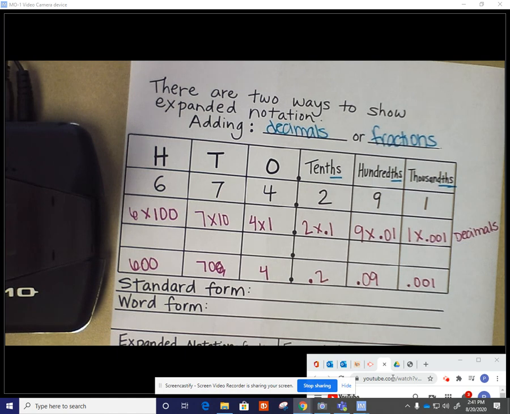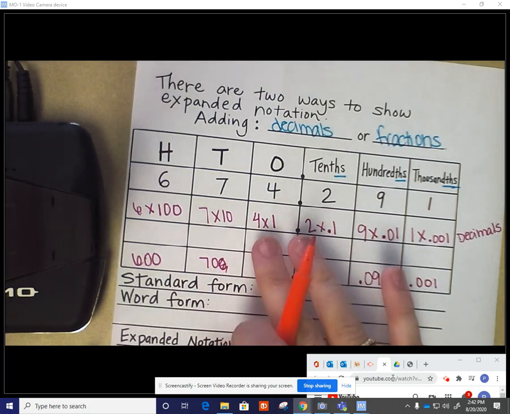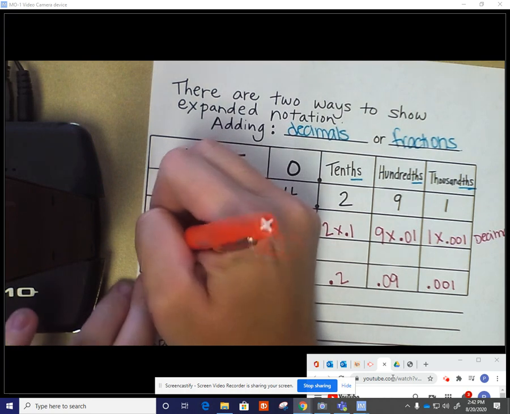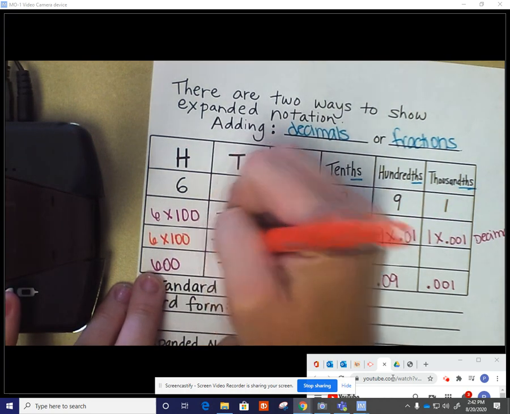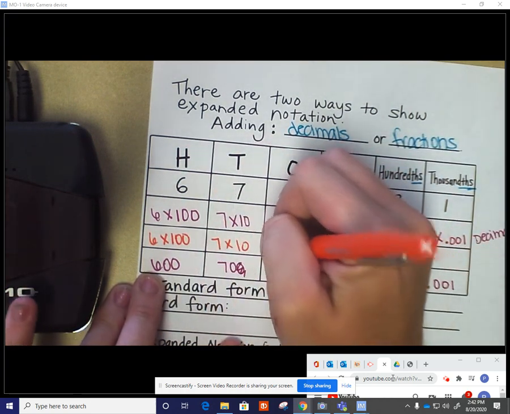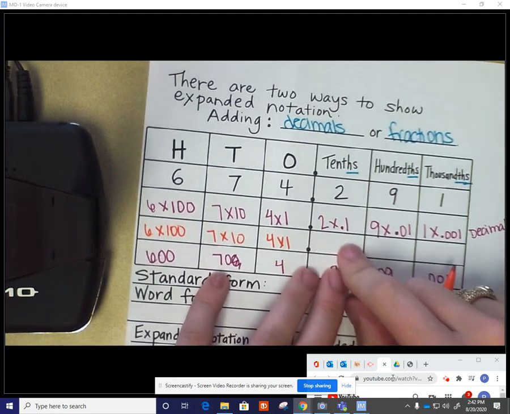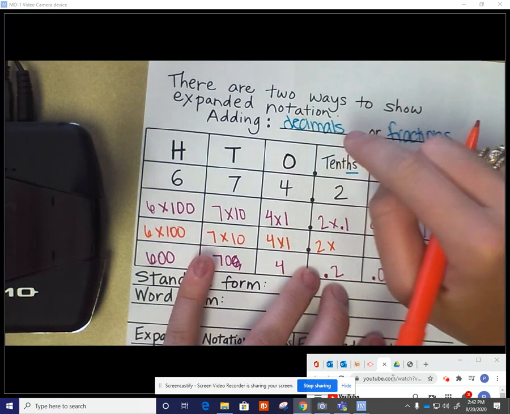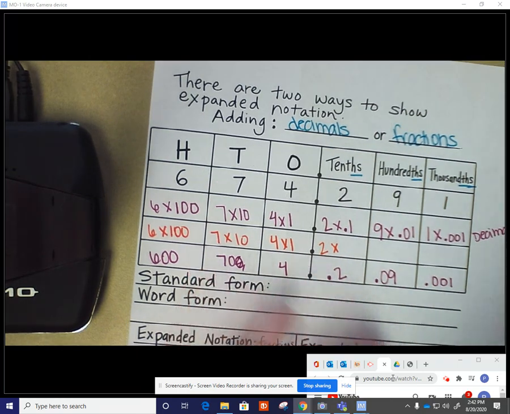To show it as a fraction, our whole number and our hundreds, our tens, and our ones place, it's just going to stay the same. So we still have 6 times 100, 7 times 10, and 4 times 1. But now we have a 2 times a tenth, and we know that there's another way to write 1/10.